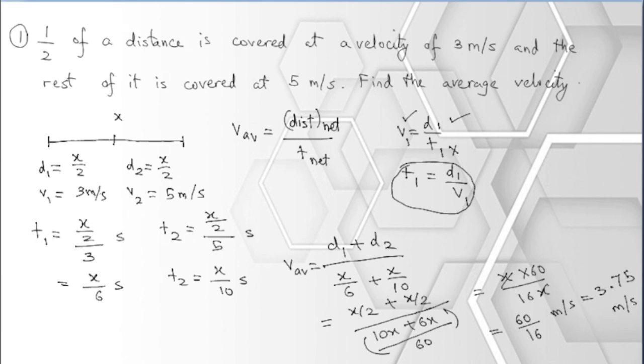Here I have considered 60 as the denominator and acted on the numerators accordingly, but you can also take 30, since 30 is the LCM of 6 and 10, as per your convenience. Let me know in the comment section if your answer is also 3.75.